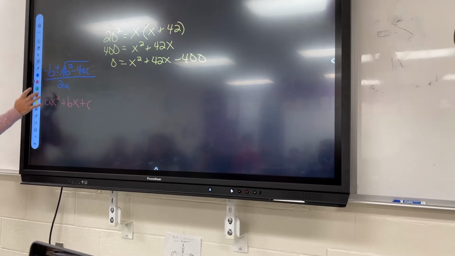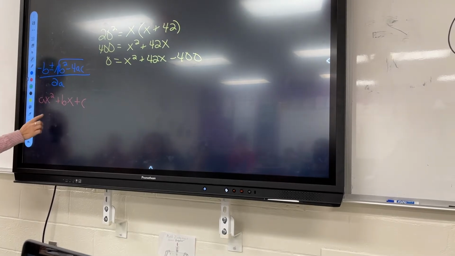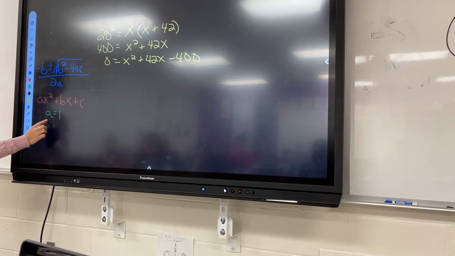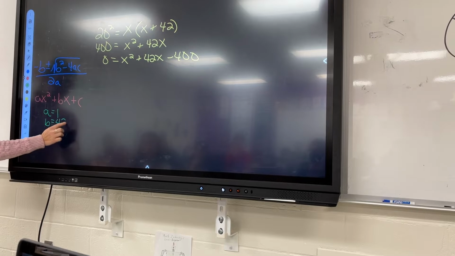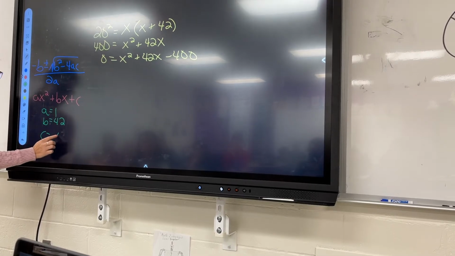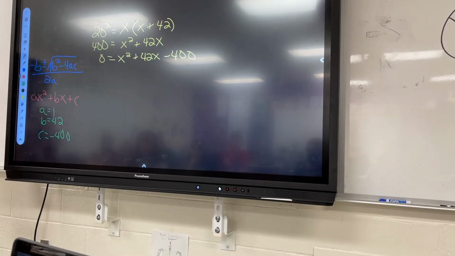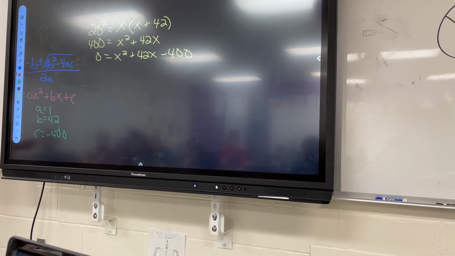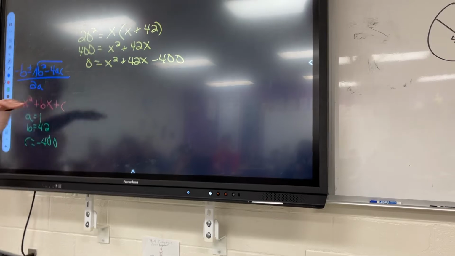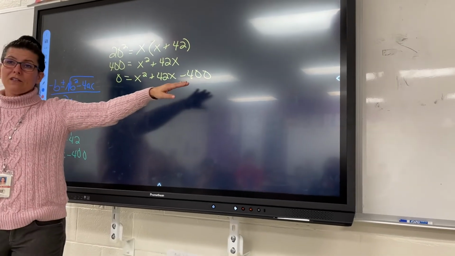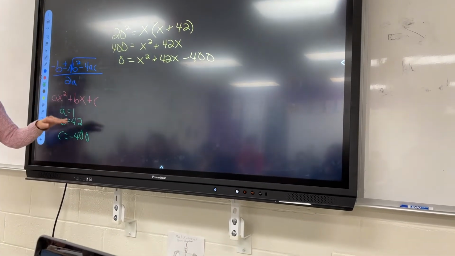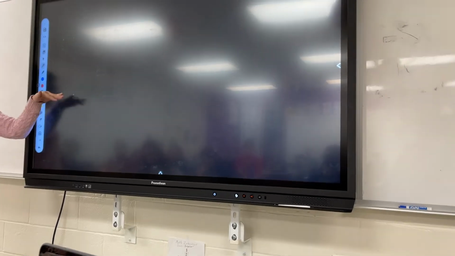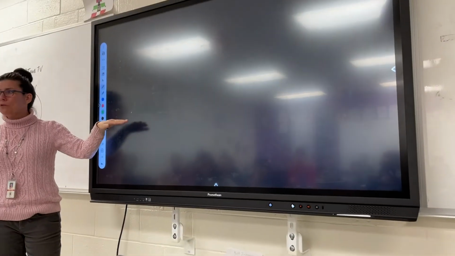Okay, so what I have in that particular equation, a is 1, b is 42, and c is negative 400. By using the quadratic formula, it will work for anything. There are some equations that are not factorable. So you can sit there and try to factor this and hit a dead end and realize it's not factorable. This will work for anything. So it's a good thing to have because sometimes you're going to have to use it. You won't have a choice.